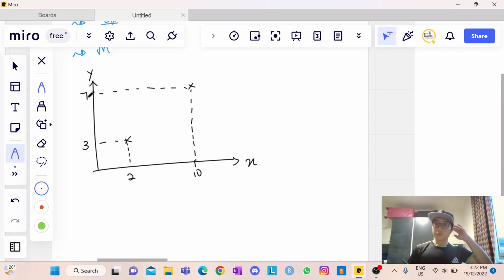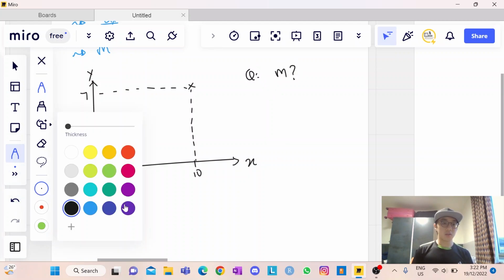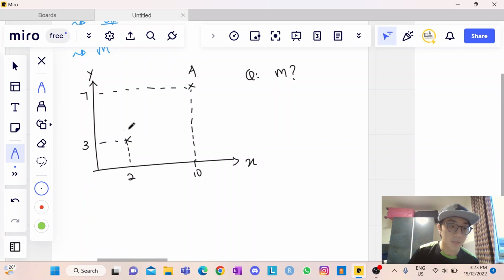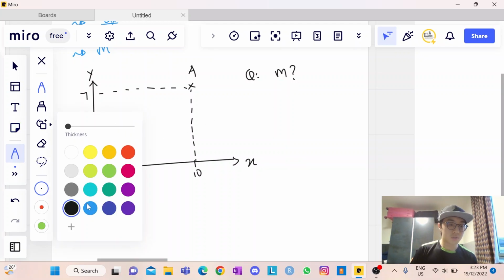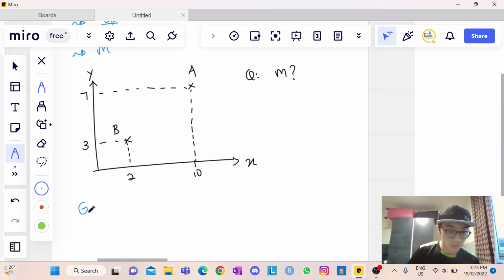First, the question will ask you to find the gradient. What is the gradient between these two coordinates, given that this is coordinate A and this is coordinate B? The gradient is the change in y due to a change in x.